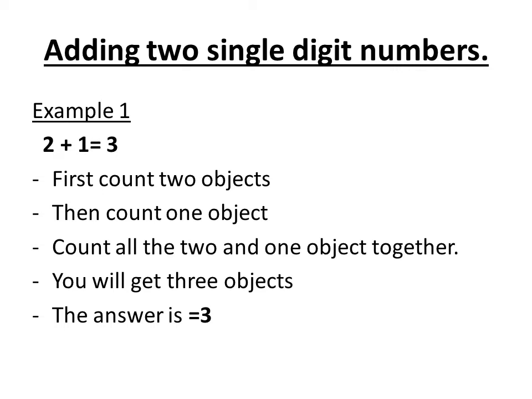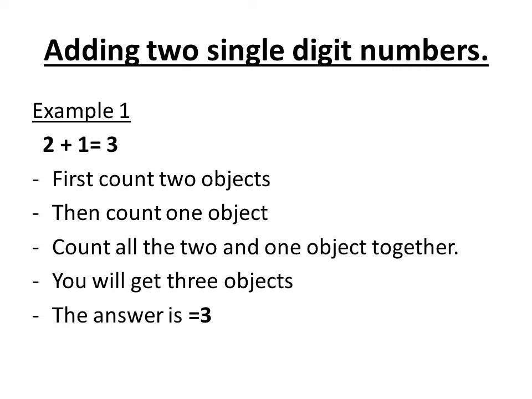So the first thing, count two objects. This is 2. Count two objects, put them aside, then count one object, put them aside.